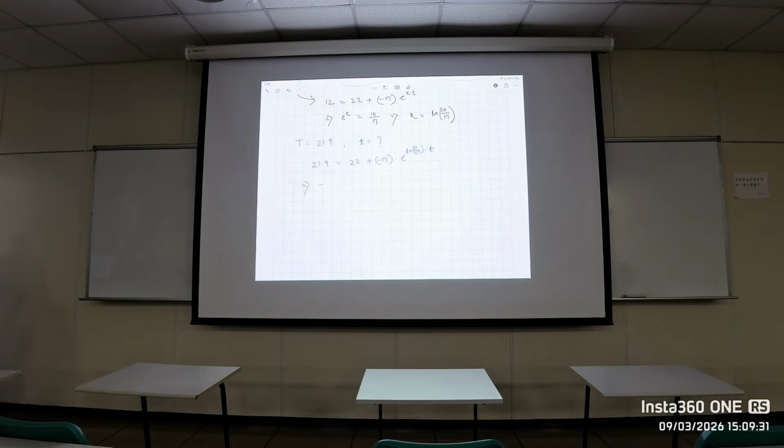This is minus 0.1 is equal to minus 17 into e to the power ln 10 by 17 into t.